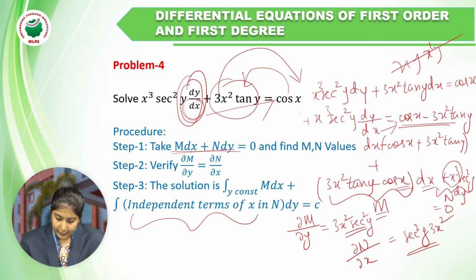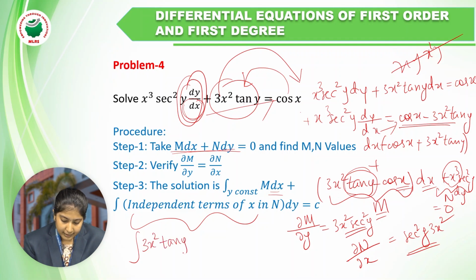So if you take M here, what is my M here? 3x square tan y minus cos x. So you have to take the M and integrate it with respect to what? With respect to dx. Again that same terminology, that y is constant. So you have to throw tan y outside. First let me write M in terms of this.